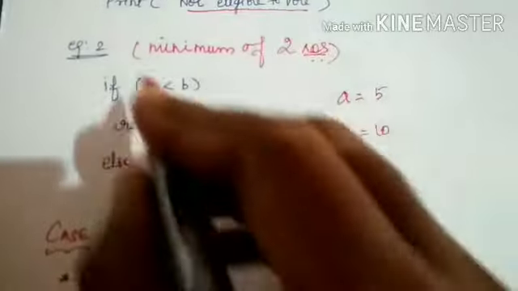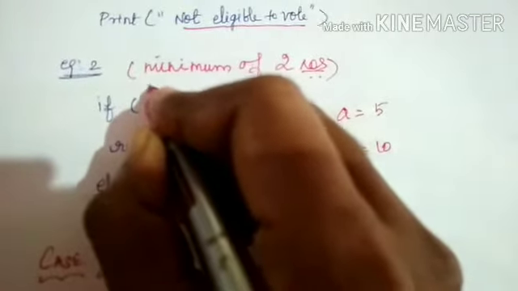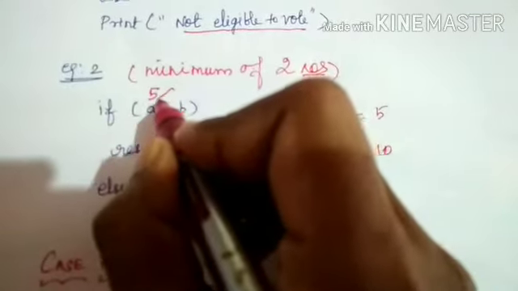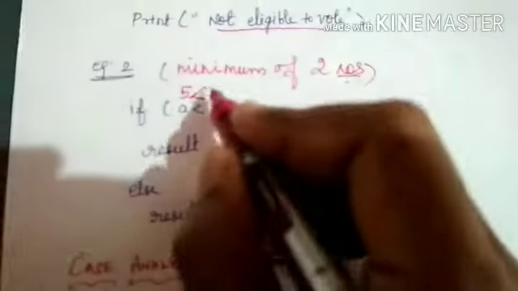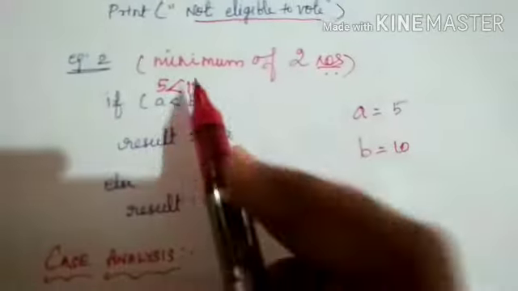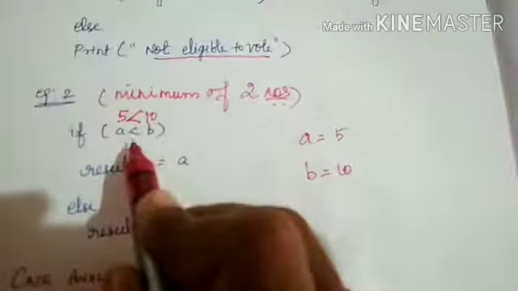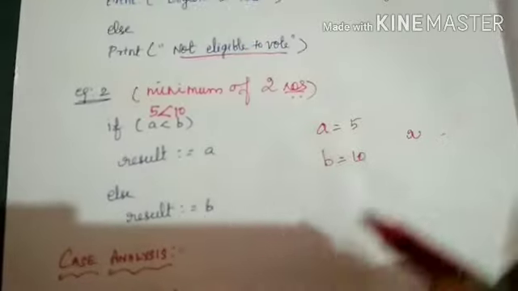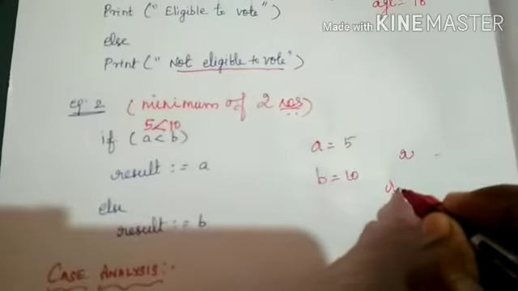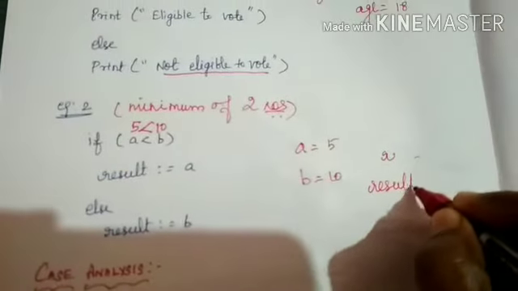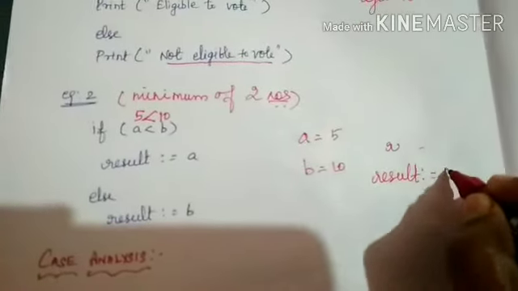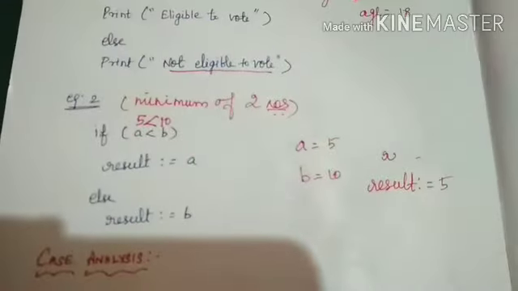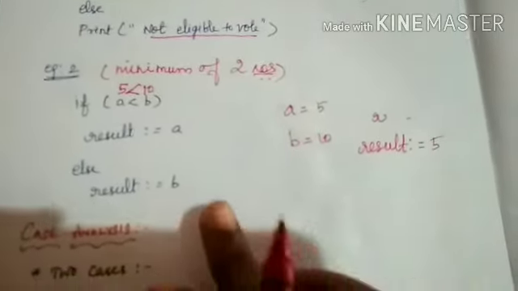A value is 5, and 5 is less than B value 10. Is the condition true or false? The condition is true. So result equal to A, so the output is 5. This is one more example for if-else statement.